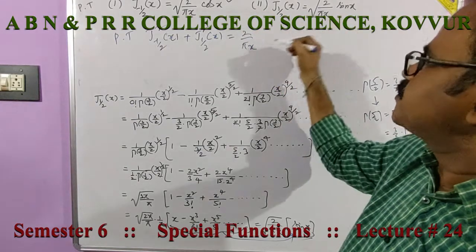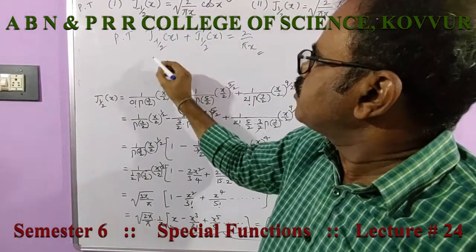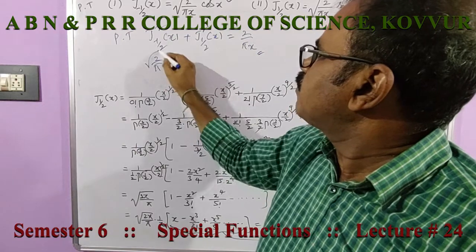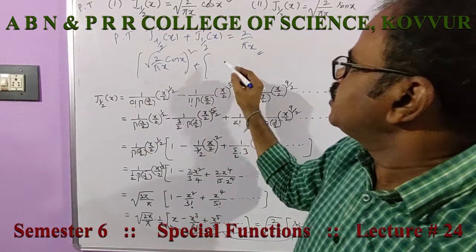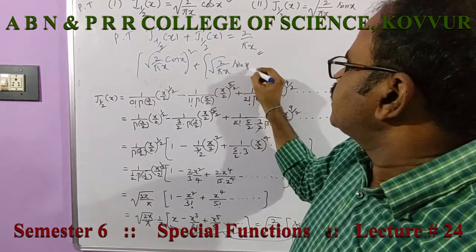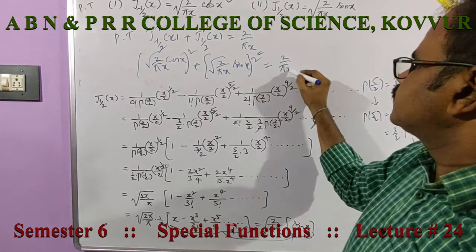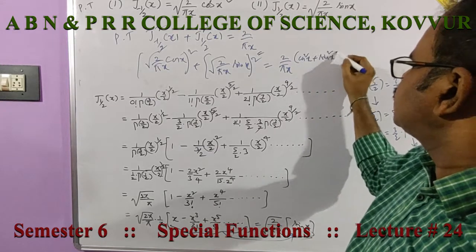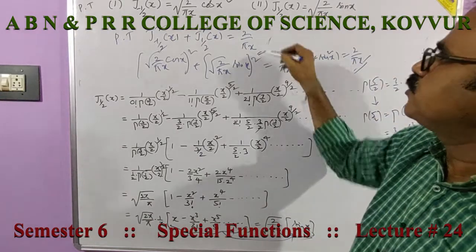J 1 by 2 of x is square root of 2 by pi x into sin x, and J minus 1 by 2 of x is square root of 2 by pi x into cos x. Squaring and adding, we get 2 by pi x into cos square x plus sin square x, that is equal to 2 by pi x. That you have to prove.